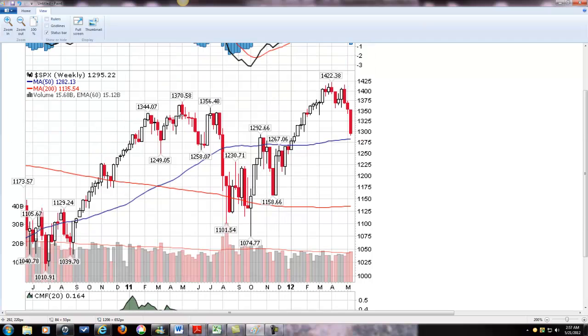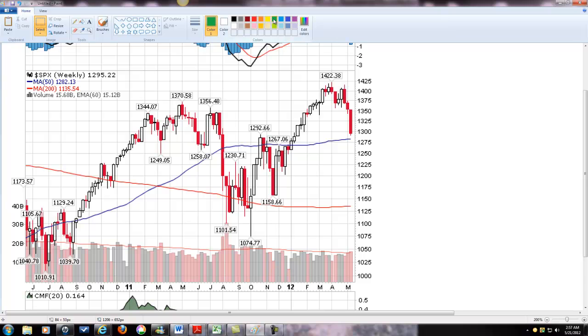Okay, the first thing I want to do is draw the uptrend lines. I'll do them in green, try to keep everything the same. Let's try this. So the first line I want to draw is from back here.